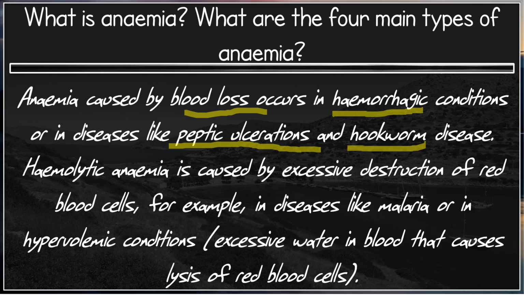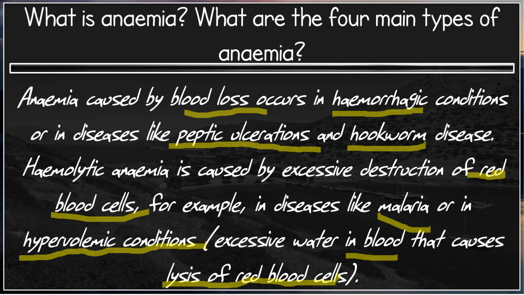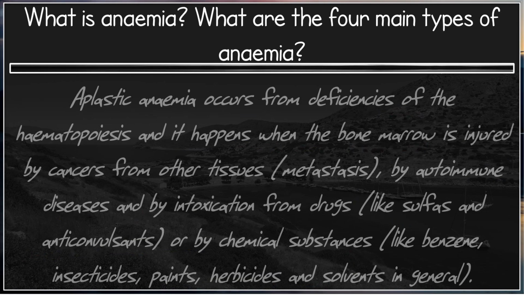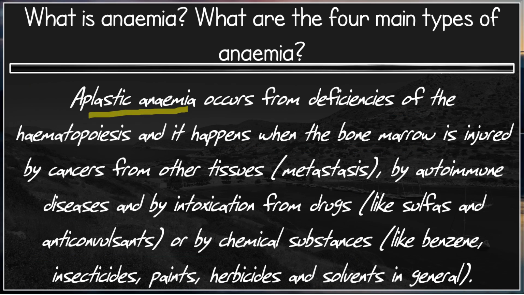Hemolytic anemia is caused by excessive destruction of the red blood cells. For example, in diseases like malaria or in hypervolemic conditions, that is, excessive water in the blood that causes lysis of the red blood cells. Aplastic anemia occurs from deficiency of hematopoiesis.